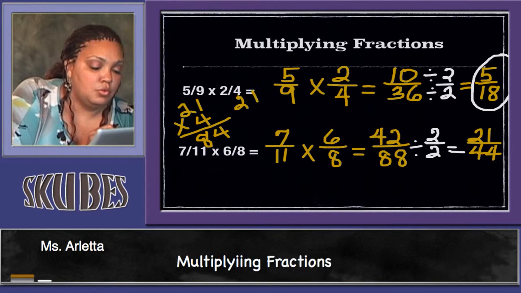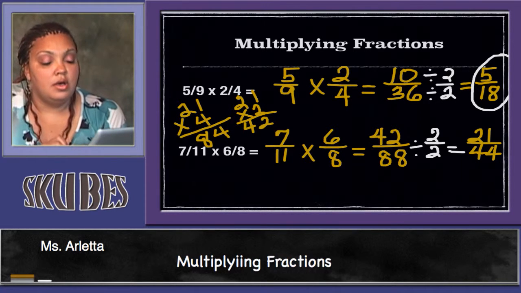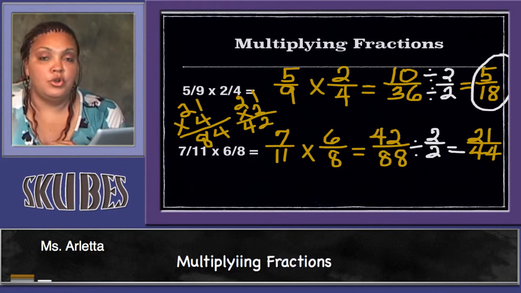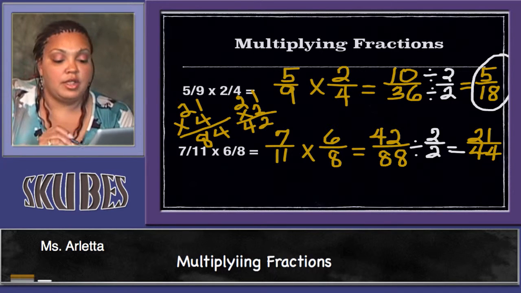Let's see, 21 times 2, that will give you 42, which is not 44. 3 times 7 is 21. 3 does not go into 44. 7 does not go into 44. Which means there are no common factors of 21 and 44. And that gives us a final answer of 21 over 44.